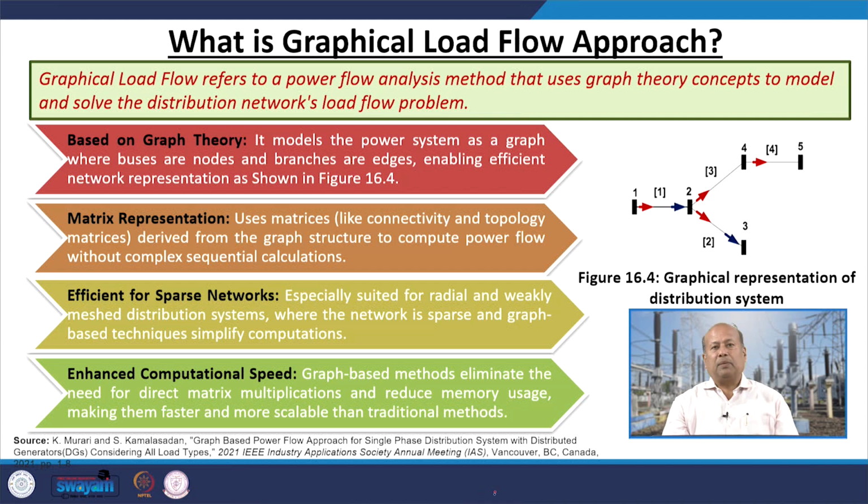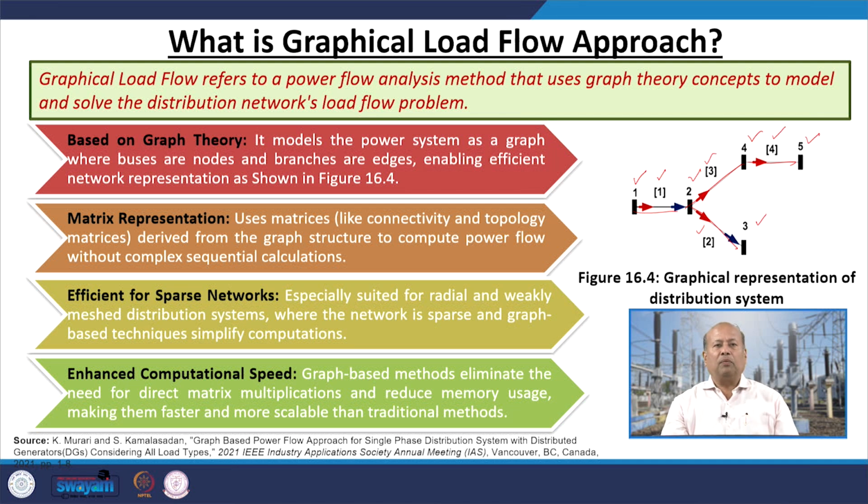Now, slowly try to understand what the graphical load flow approach is. First of all, let us take a 5-bus system. This is my bus number 1, 2, 3, 4 and 5, and they are all radially connected, and these are known as branch 1, branch 2, branch 3, branch 4.